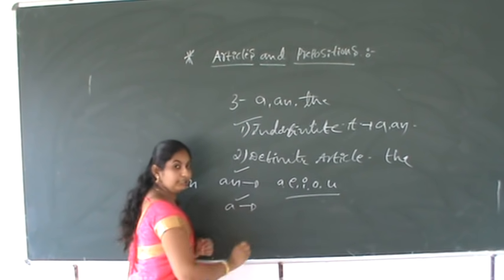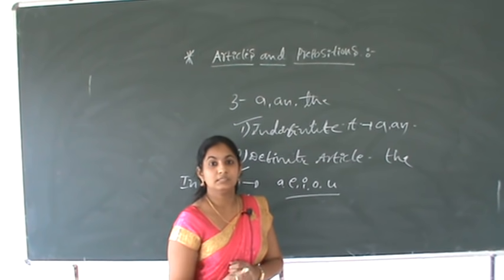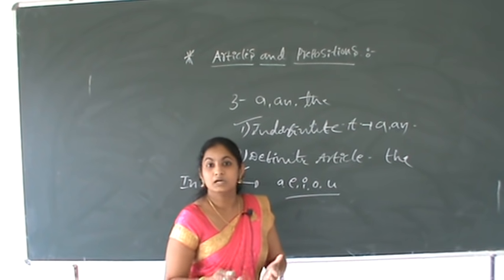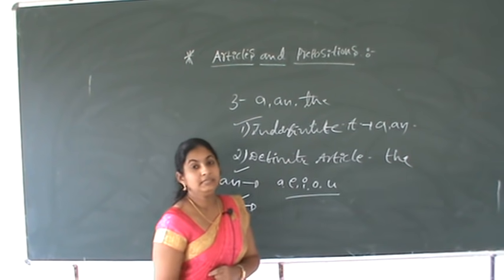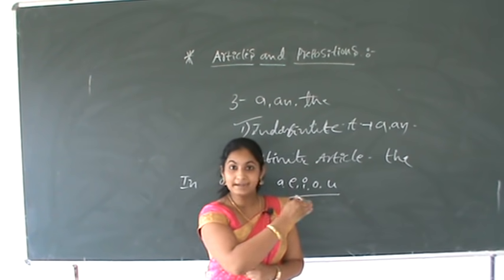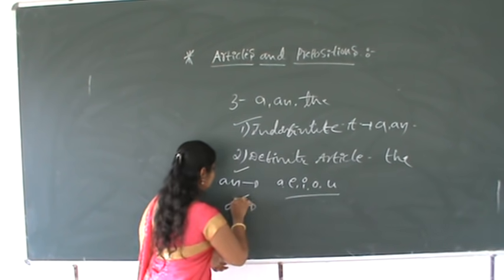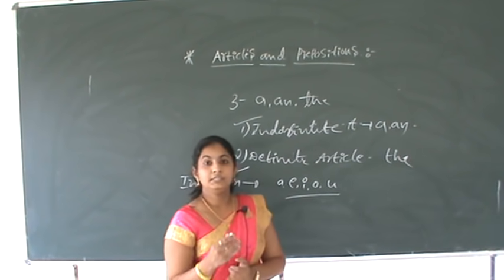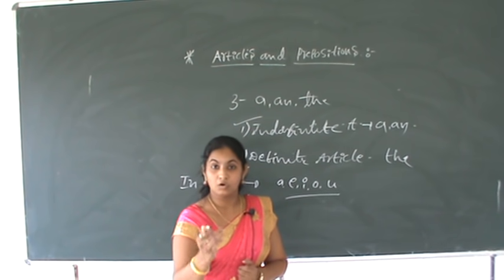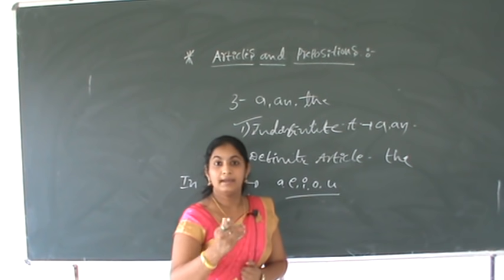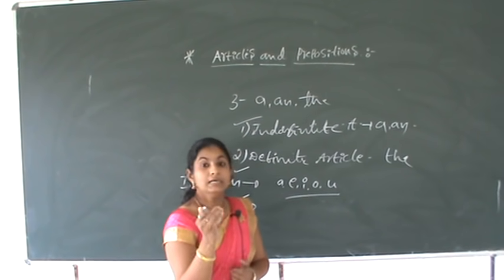Grammatically we are using the article a, though we pronounce it as a. This a usually talks about a person or a thing that is unknown to the listener.